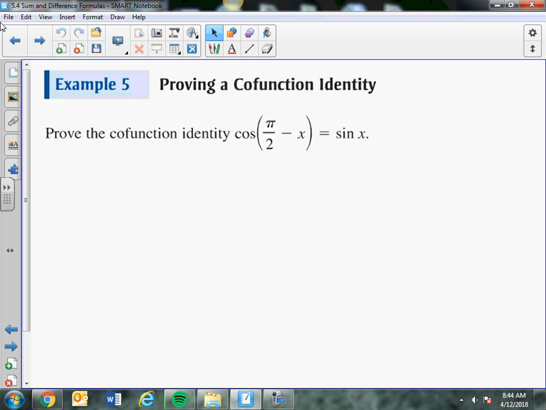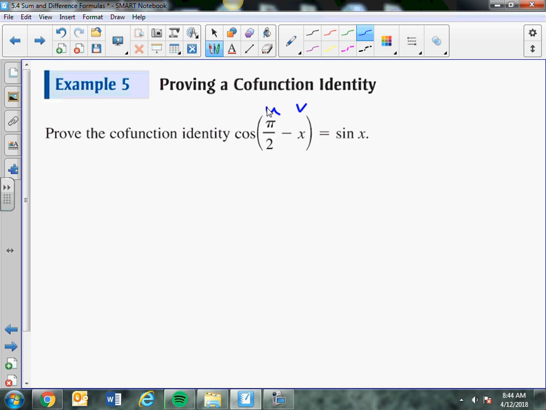counts. So when you prove a cofunction identity, first off, if you recognize the expression on the left side with the cosine, it is going to be a difference formula with cosine. So we can make this our u. We can also make the x a v. So if we take a look at our cofunction identity here, I would go to cosine and take a look at the difference formula.